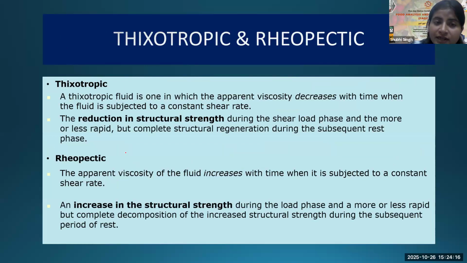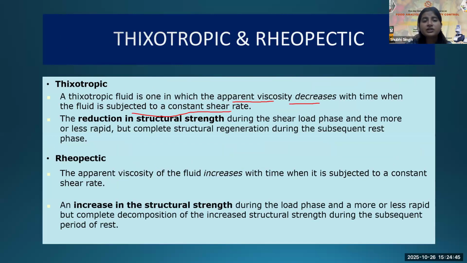A thixotropic fluid is one in which the apparent viscosity decreases with time when the fluid is subjected to a high constant shear rate. Thixotropic is a term used for those liquids whose apparent viscosity decreases with time when you are providing a higher shear rate.